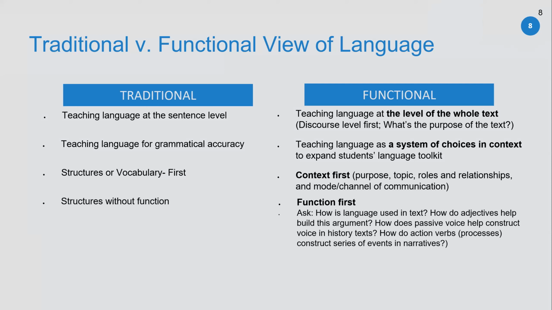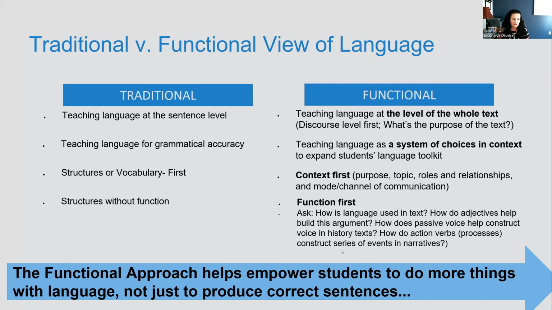And a lot of times we've been advised, oh, no passive voice. Tell students not to use passive voice in their writing, etc. But it's very, very useful. How do action verbs, what we call processes, construct series of events in narratives? So several questions that focus on the function. The functional approach helps empower students to do more things with language, not just to produce correct sentences.